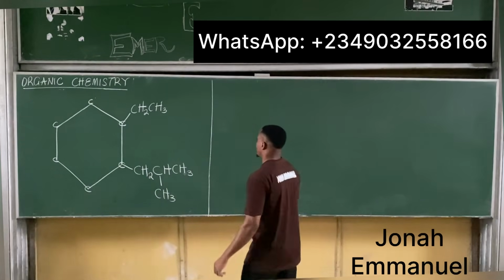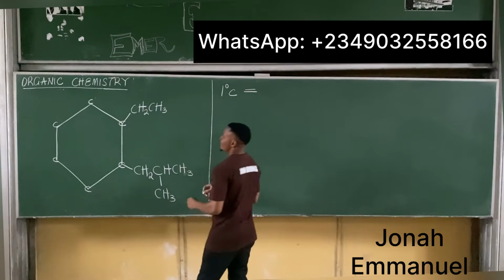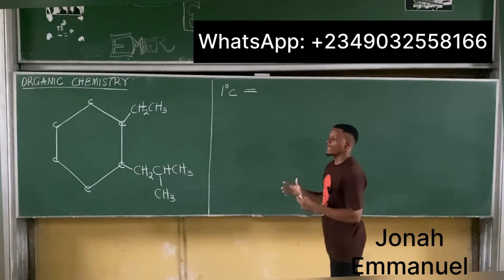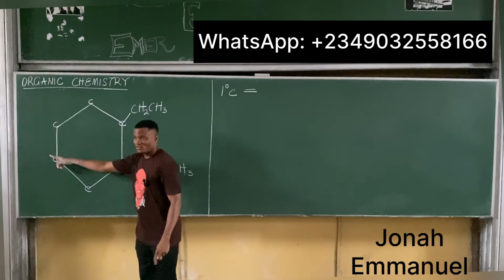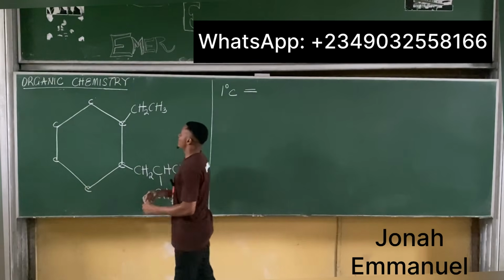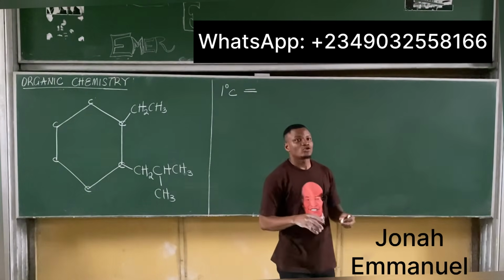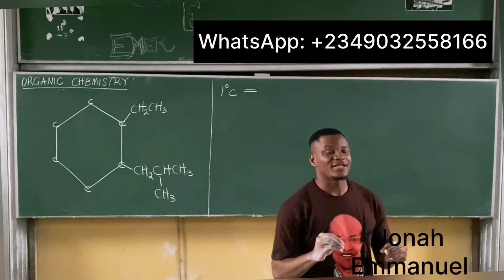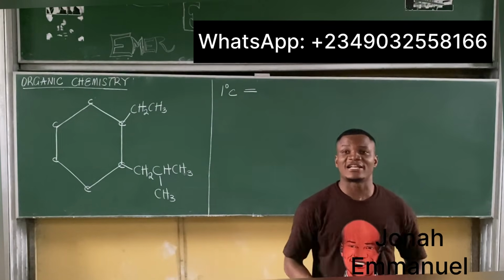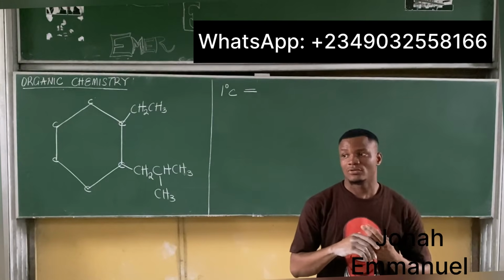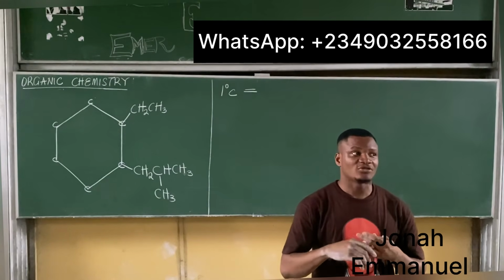So let's start with primary. Primary carbon, how many do we have? Primary carbons are always at the extreme. By the extreme, it doesn't apply to cyclo. One of the easiest ways to spot a primary carbon is that a primary carbon is almost always attached to 3 hydrogen.